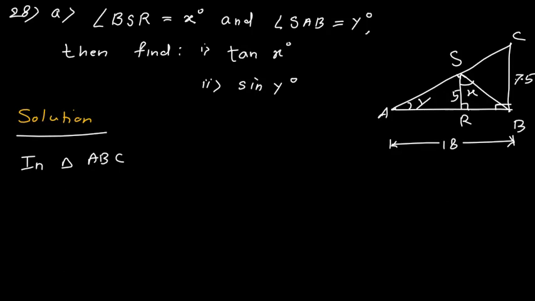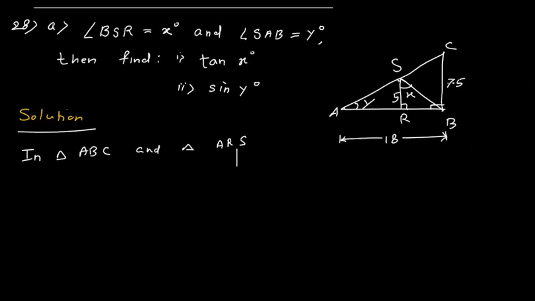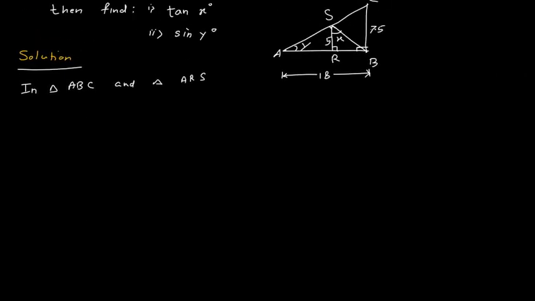So in triangle ABC and triangle ARS, now in these two triangles, angle A is equals to angle A, they are common angle.